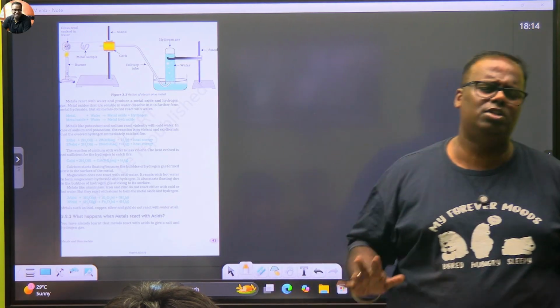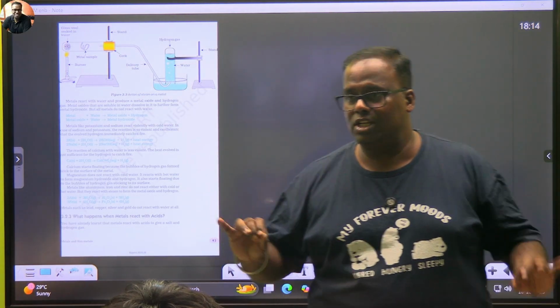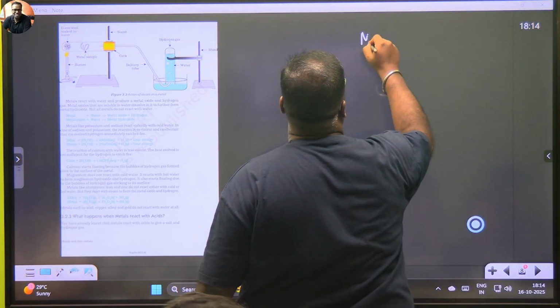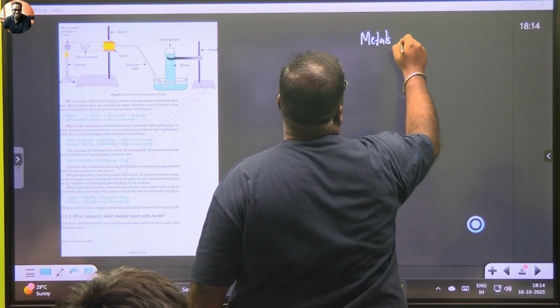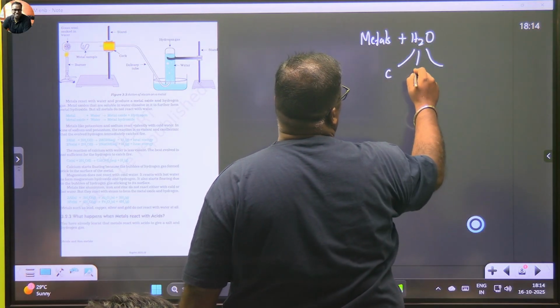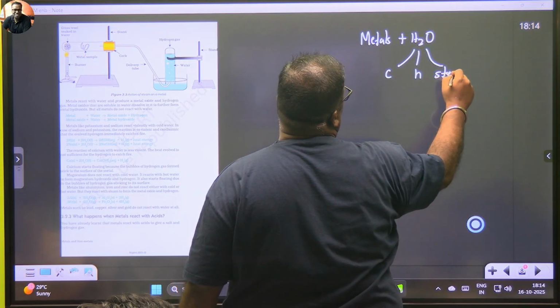If you want to document also, you can document the reaction with water. Okay, when metals plus water can be of 3 types: cold, hot, steam.